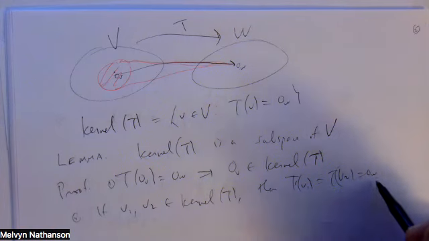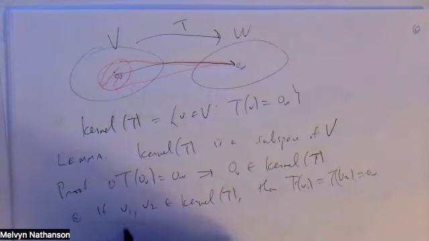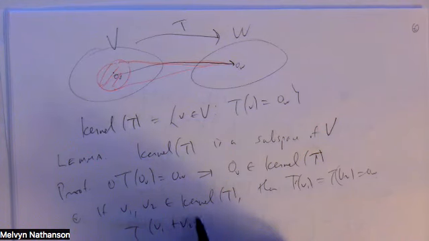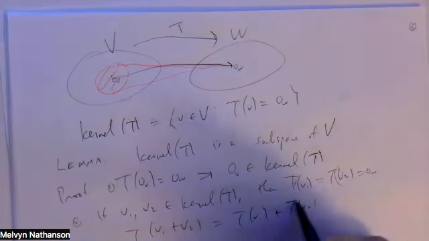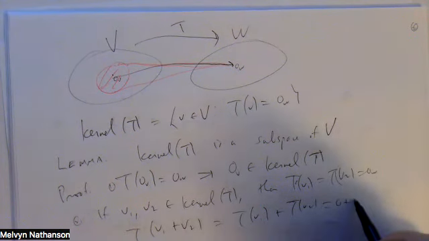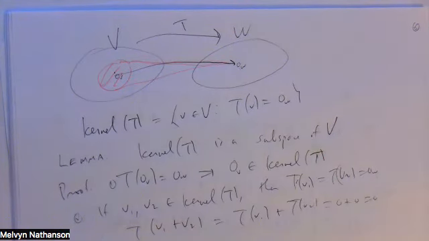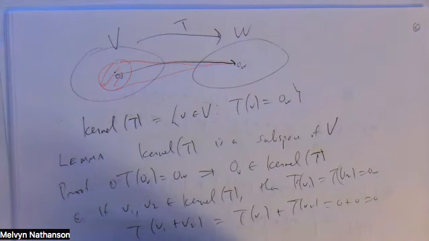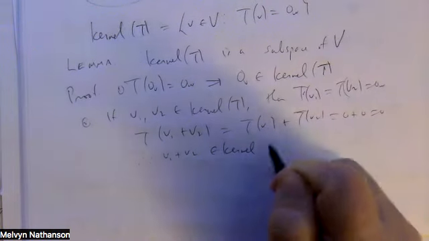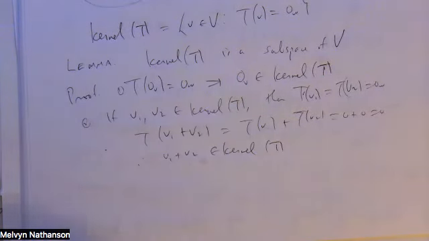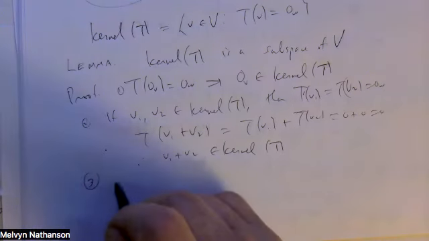So T of v1 plus v2 is T of v1 plus T of v2. That's 0 plus 0, which is 0. So therefore, v1 plus v2 is in the kernel of T. So that's the second property a subspace has to satisfy, being closed under vector addition.